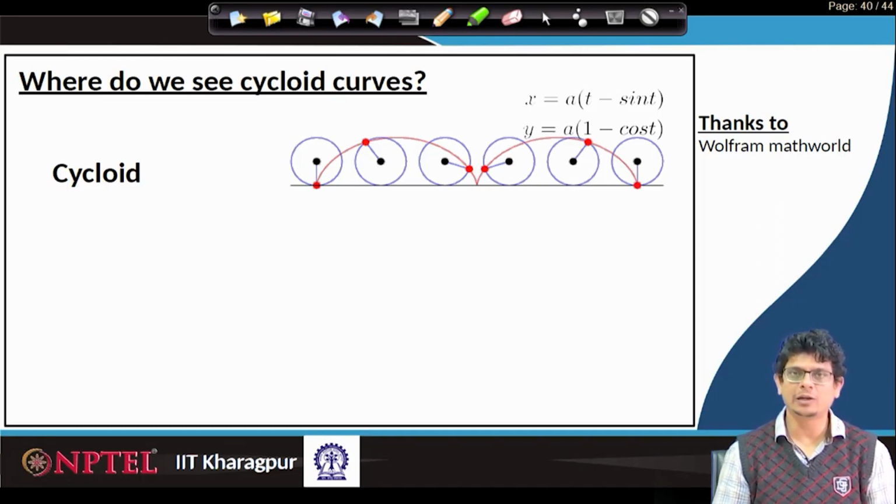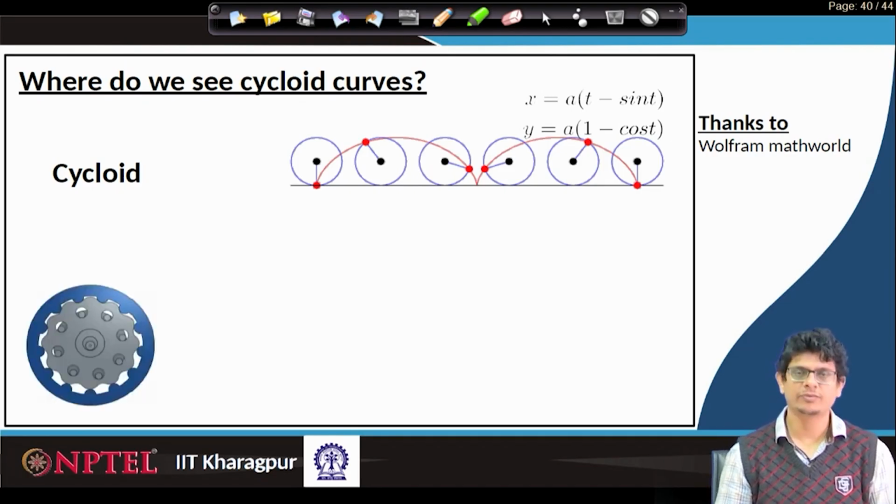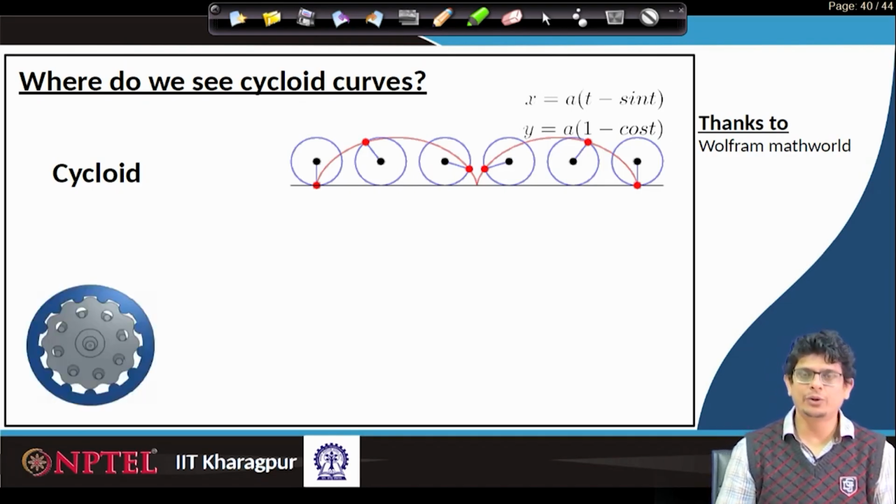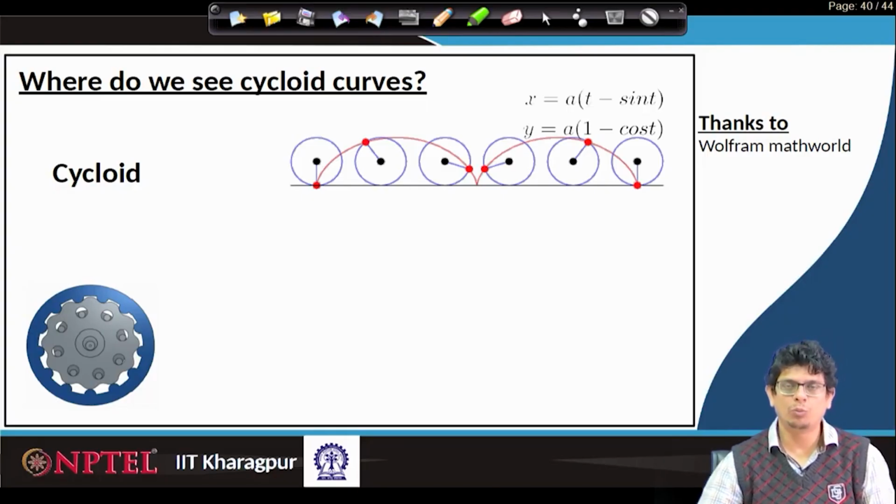Where do we see these cycloid curves? First of all, we will ask. For example, if you are looking at your bicycle, motor wheels where sprocket and gears are located, or any automobile engineering, machinery, farm machinery, anything you open where gears are predominantly located, these cycloid curves are quite common.